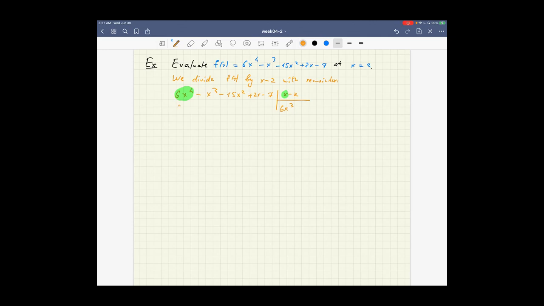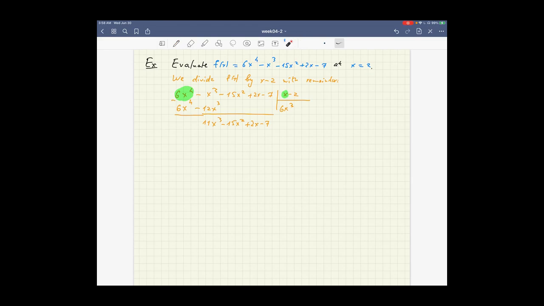It will be 6x to the fourth minus 12x cubed. The difference is 11x cubed minus 15x squared plus 2x minus 7.